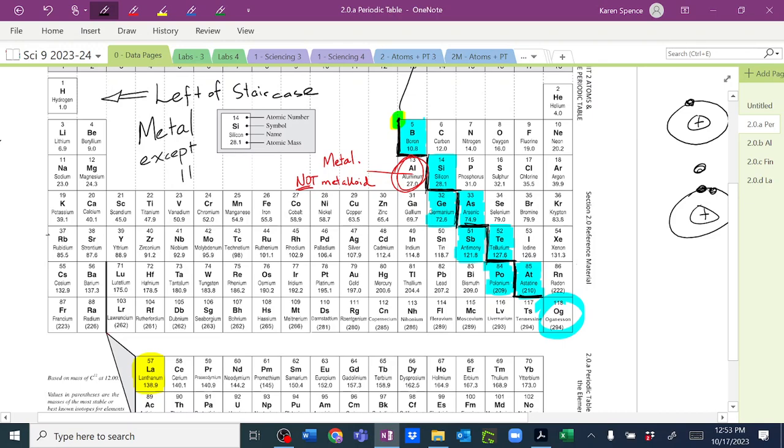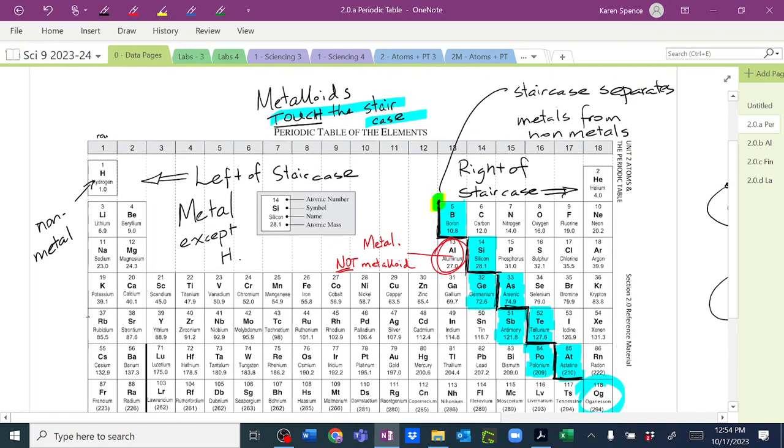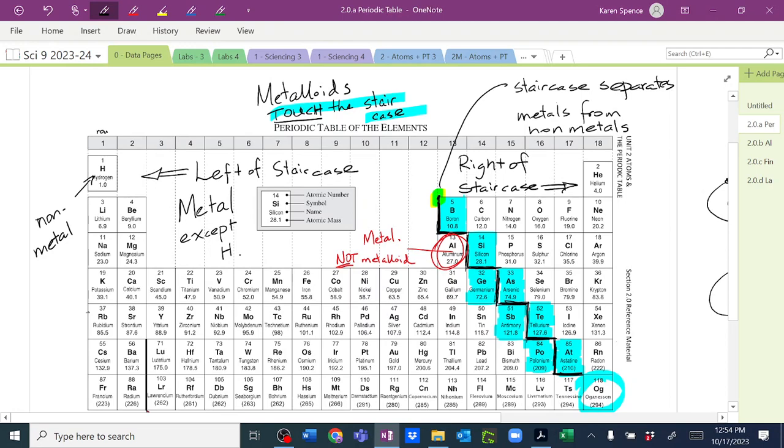Except hydrogen, yeah. Hydrogen is a non-metal. Everything to the right of the staircase, those are nonmetals. I've run out of room. Non-metals.